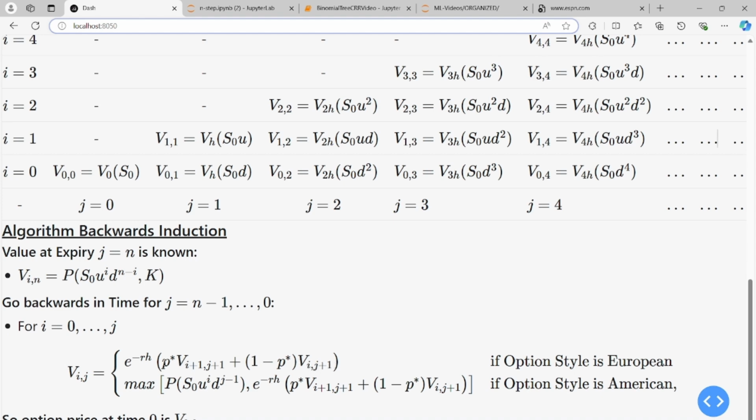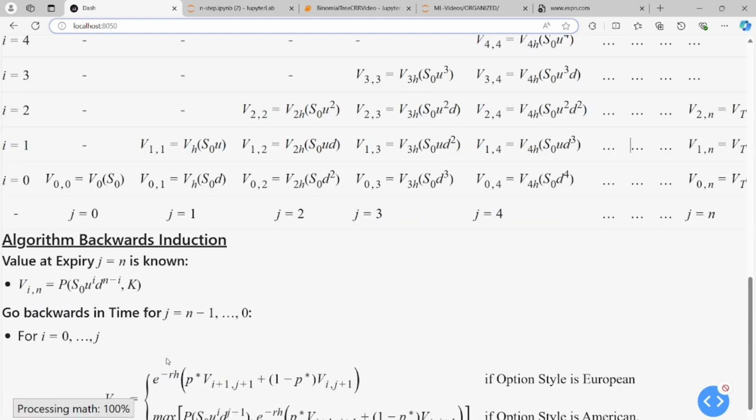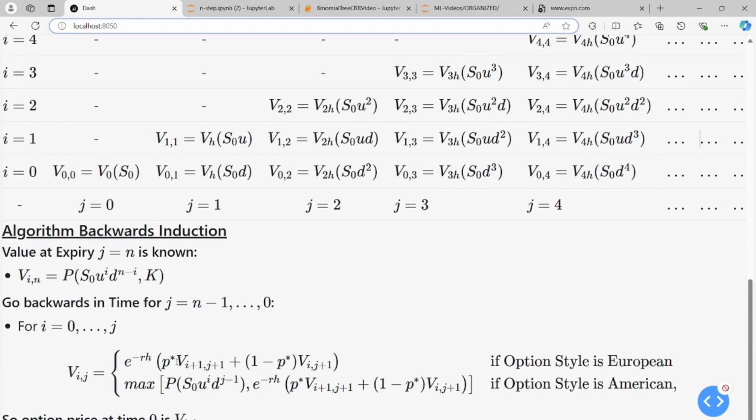Then you multiply this by the risk neutral probability, p star, and this by 1 minus p star. This is the discounted expectation under the risk neutral probability. So basically just use this formula. That's how you get the value of the previous node.